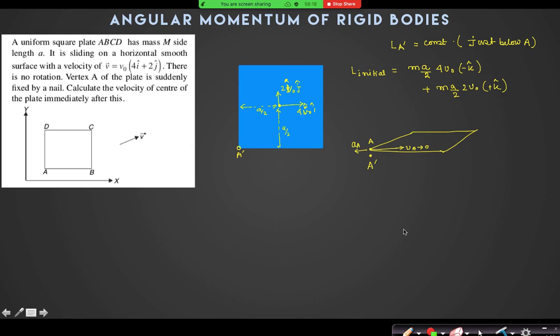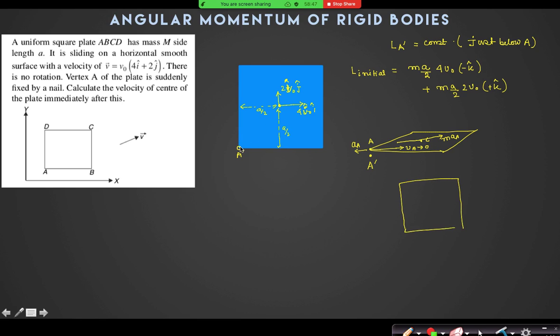Sir, then won't the pseudo force pass through A only? How can you be so sure that the pseudo force will pass through point A? The pseudo force will pass through point C, the center of mass, and it will be opposite to the acceleration, m into a_A. But how can you say that the pseudo force will pass through point A? Let me draw it in top view.